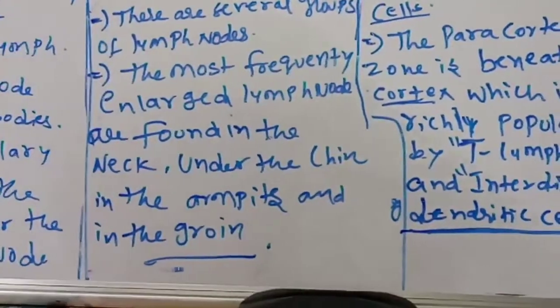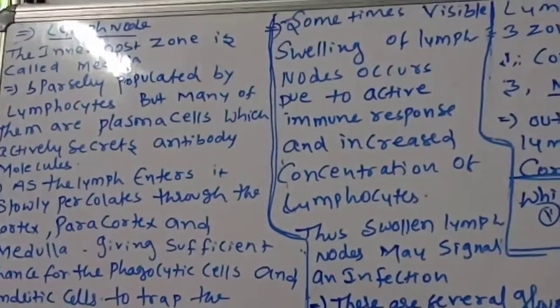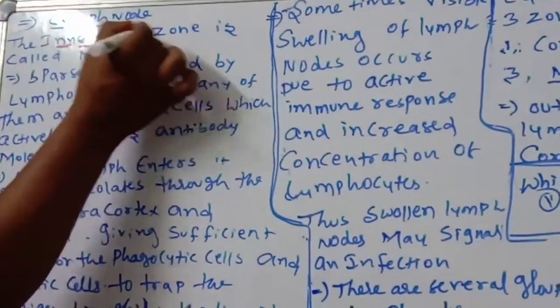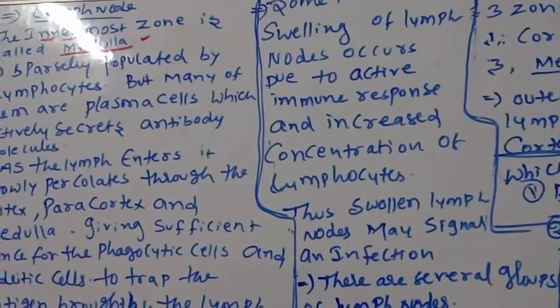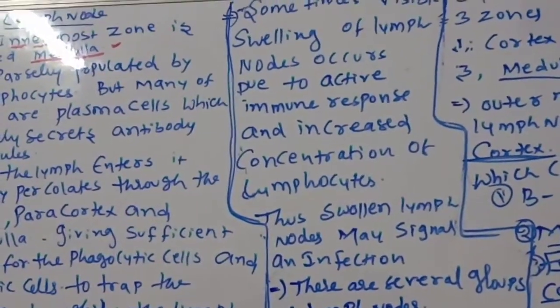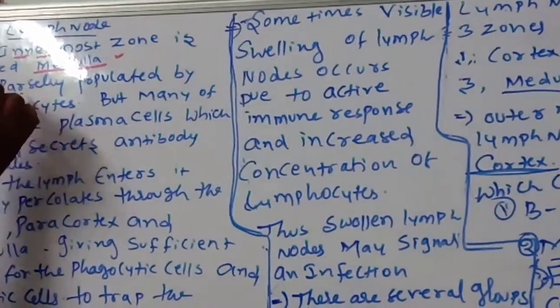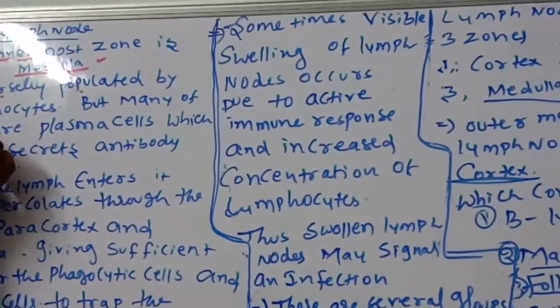We are going to discuss the third zone of the lymph node. The innermost zone is called the medulla. First point clear: the first zone is the cortex, the second is the paracortex, the third is the medulla. These are sparsely to medium populated.